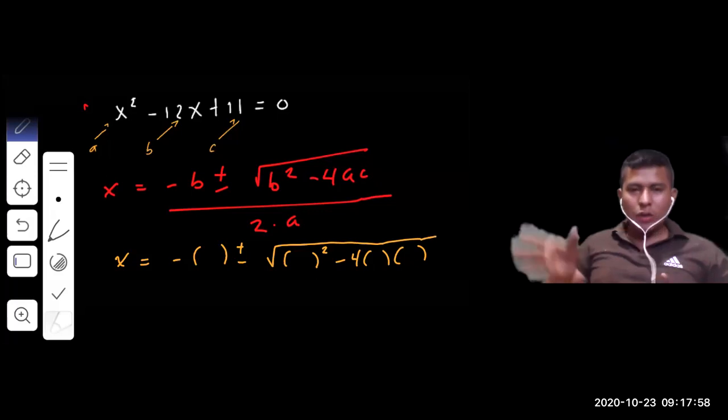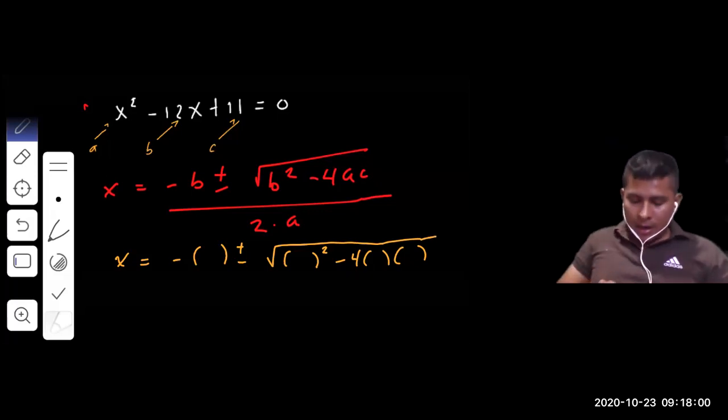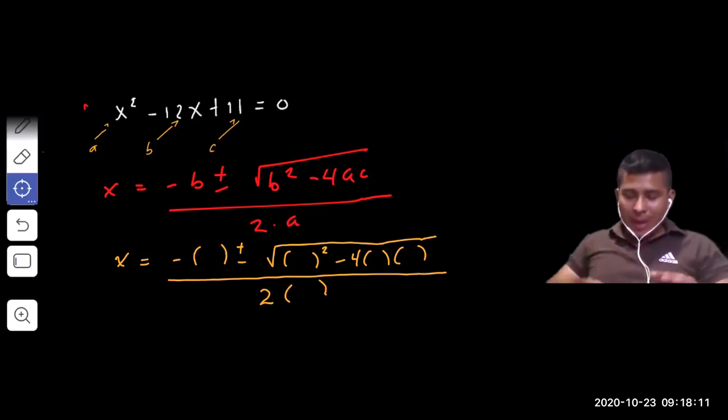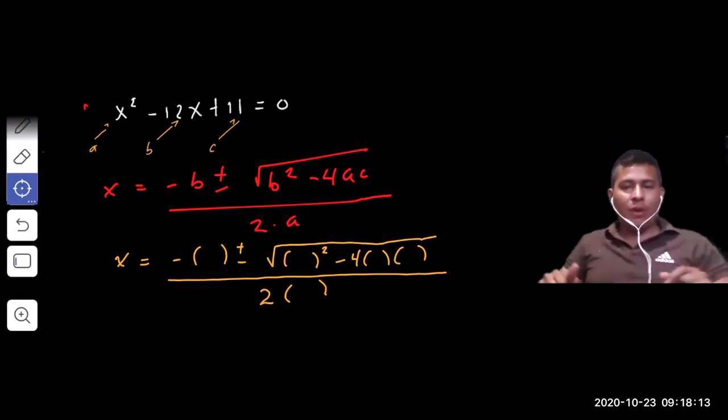Then 2 and A, parentheses. Take a look that I'm just putting parentheses in place of each of these variables. What I did is nothing more than putting parentheses instead of the variables.